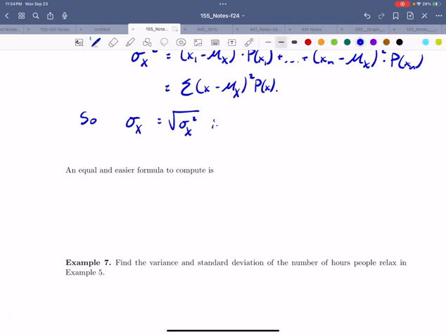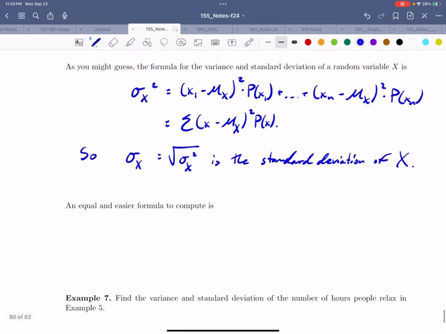So say this is the standard deviation of the random variable X. Just want to make sure that that's big X. Now it turns out an equal and easier formula is as follows.